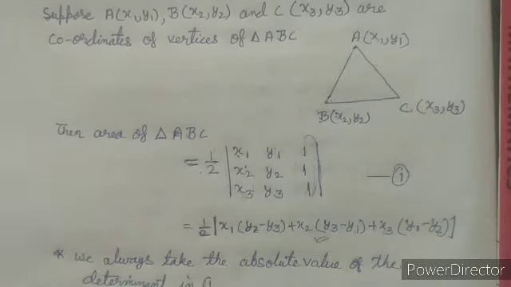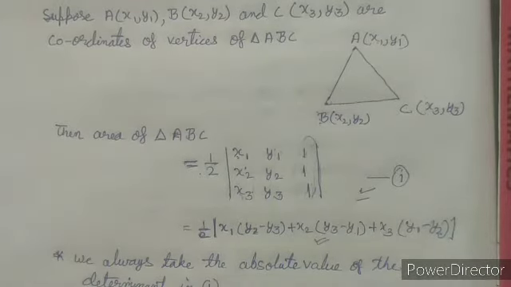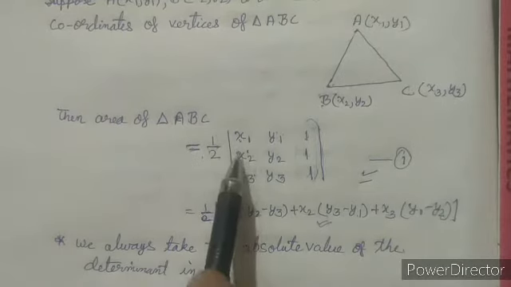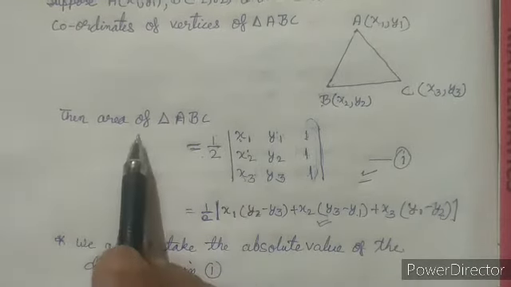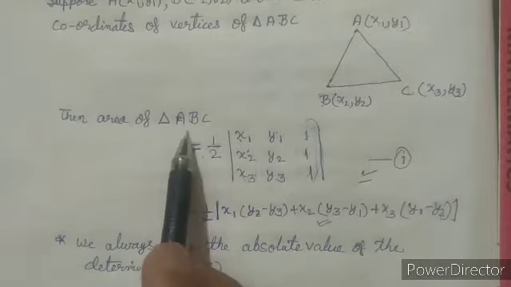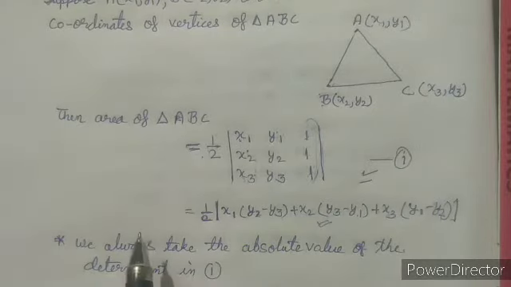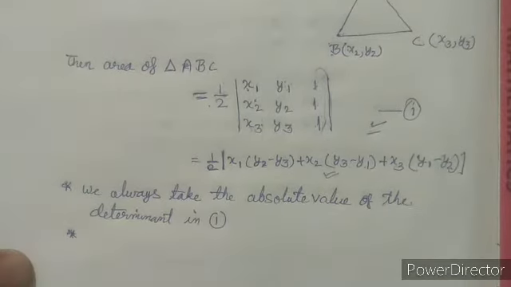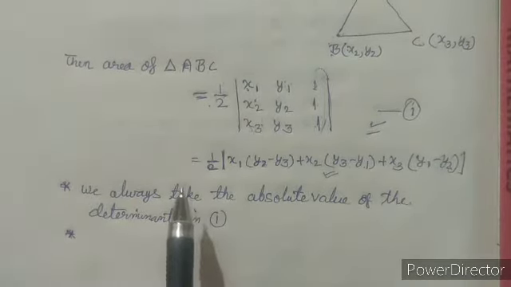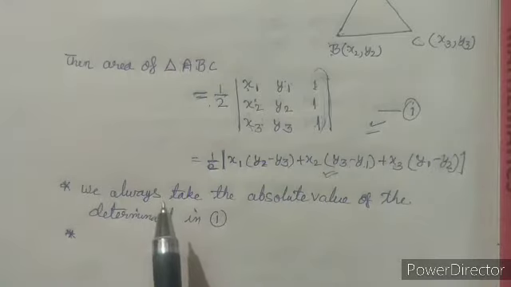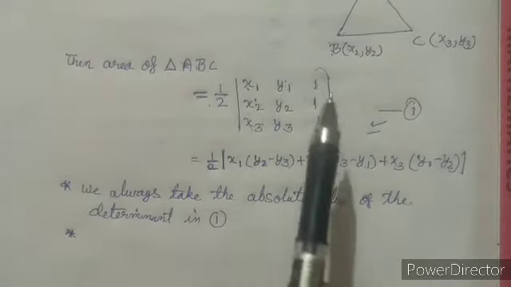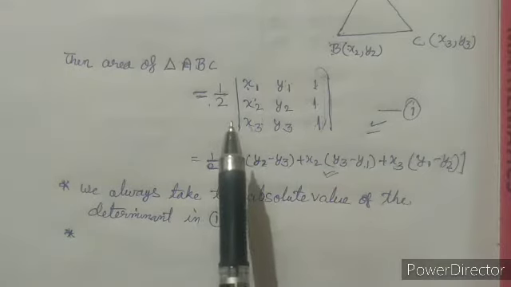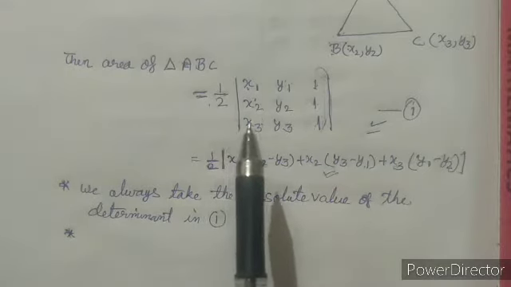Here this was our determinant, so we will always take the absolute value of the determinant whenever we are finding the area of a triangle, as we know that the area of a triangle cannot be negative. Now if we want to find the coordinates of any vertex of a triangle and the area is given to us, then we will take both the negative and positive values of the area.